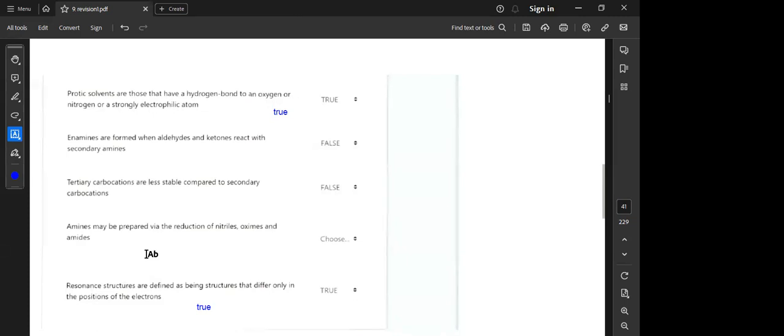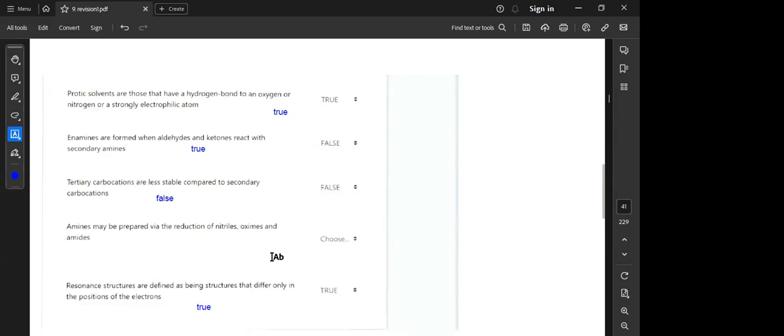Tertiary carbocations are less stable compared to secondary. I think that's also true. Amines may be prepared via the reduction of nitriles, oximes and amides. Tertiary is false. Tertiary carbocation is more stable. They go from tertiary, secondary, primary, and methyl. So tertiary is the most stable. This is why I don't trust my internet.